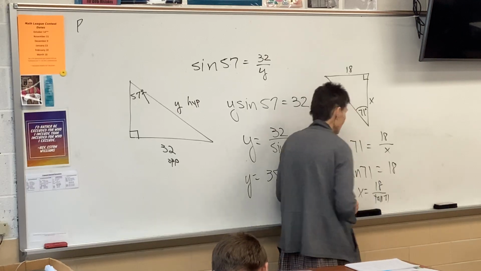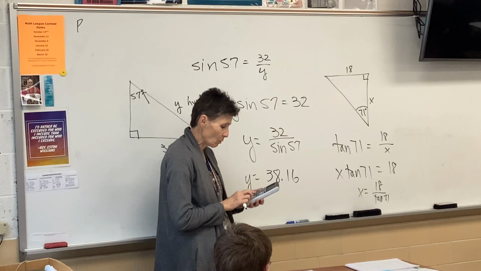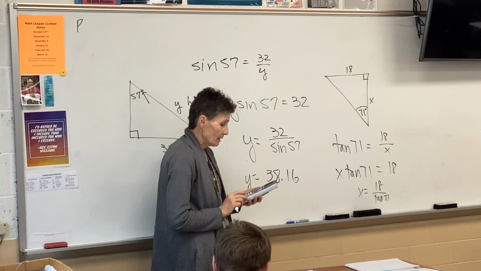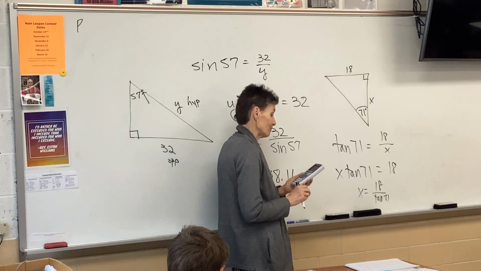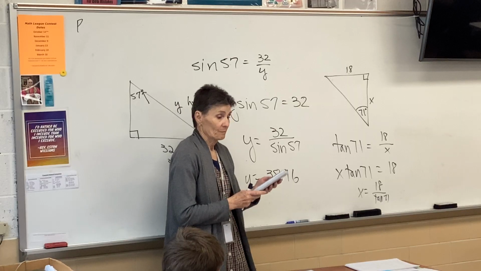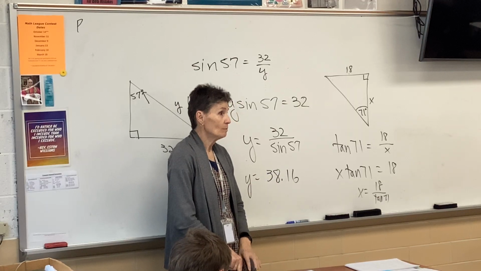So I will type into my calculator 18 divided by tan 71. Oops, 71. 6.20 if we're going to the nearest hundredth. 6.20.